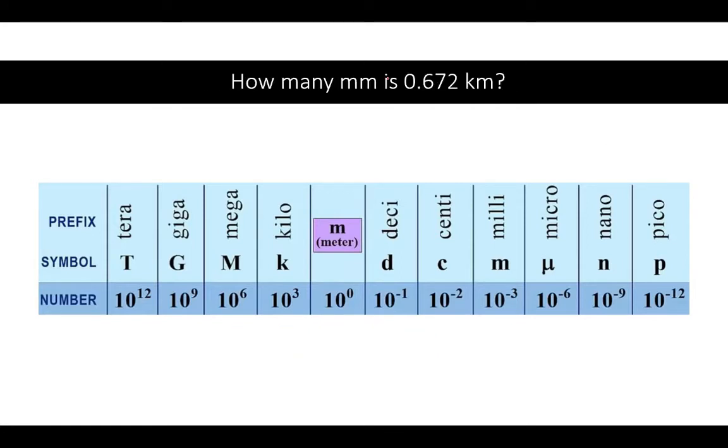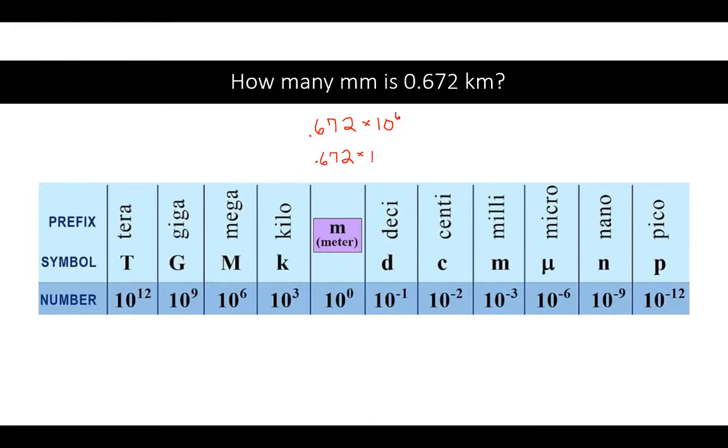So if we have 0.672 kilometers and we're trying to figure out how many millimeters, either it's going to be 0.672 times 10 to the 6th, or 0.672 times 10 to the negative 6.